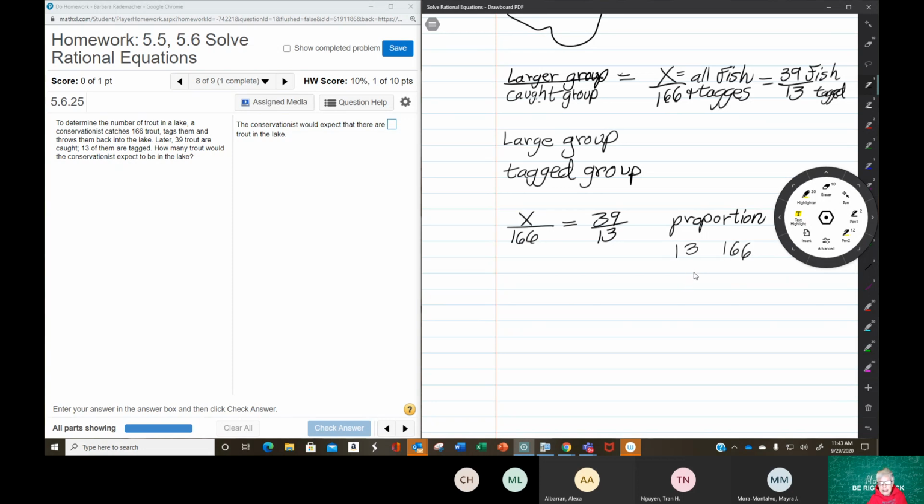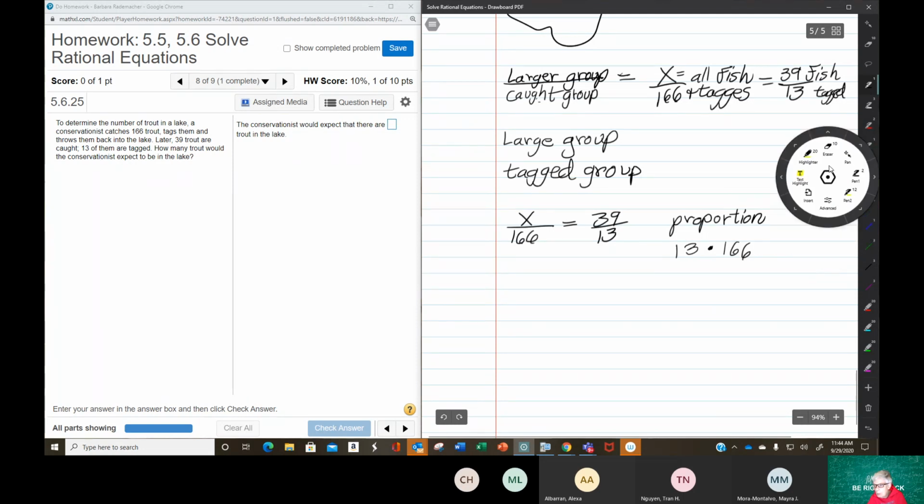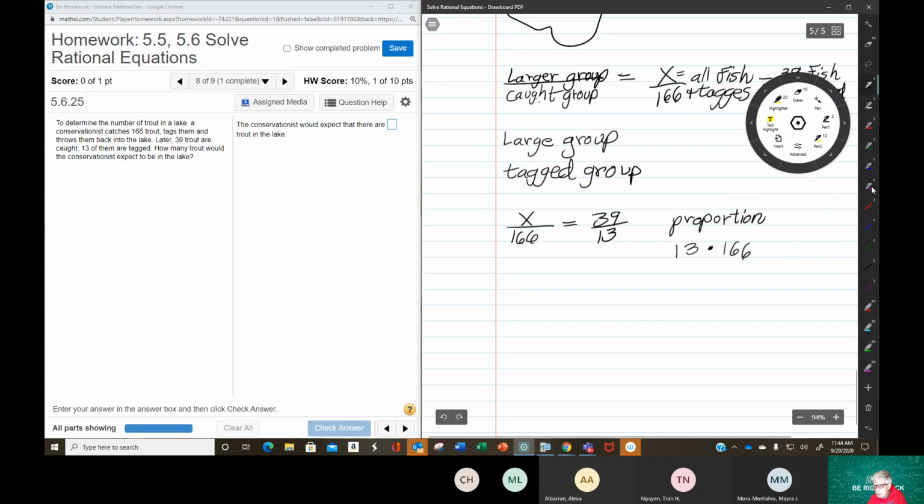Here's the LCD I'm going to use. I'm going to multiply this by 13 times 166 over 1.